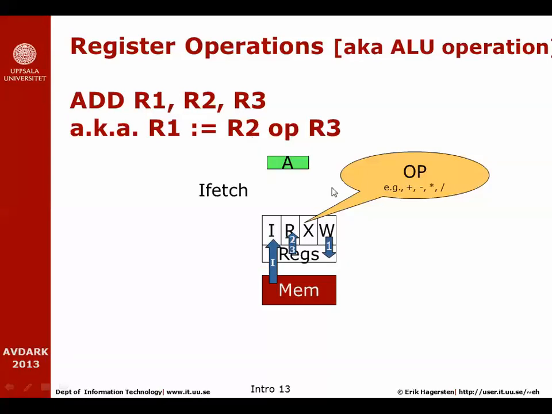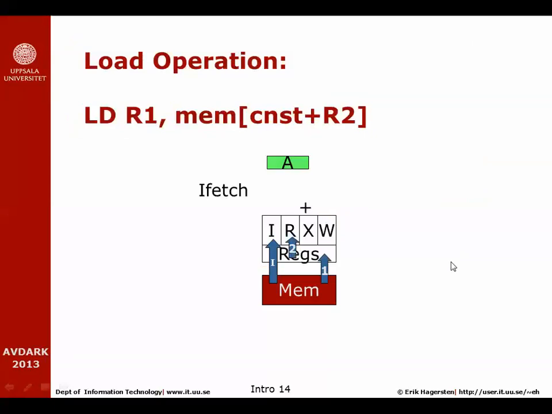In the R stage, we're going to read register values 2 and 3. In the X stage, we're going to perform an operation, in this example an add. And in the W stage, we're going to write the resulting value back to a register. So it's a very basic 4-stage implementation of this instruction.